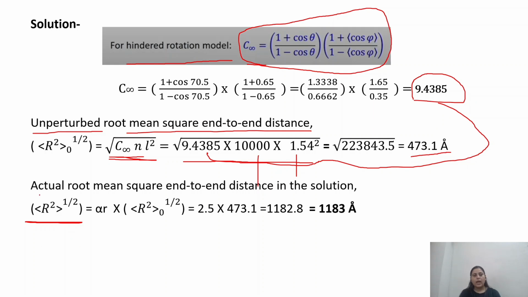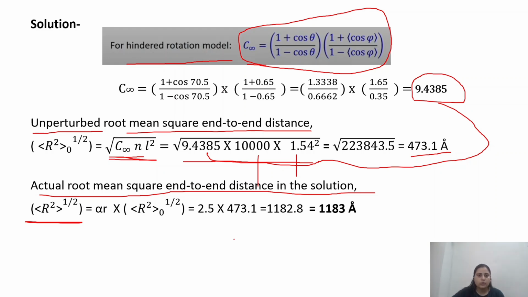For calculating the actual root mean square end-to-end distance in the solution, here before we calculated the unperturbed one because in that we calculated without the interaction of the solvent. Now we are taking into consideration the effect of the solvent, which is expanding the polymeric chain.